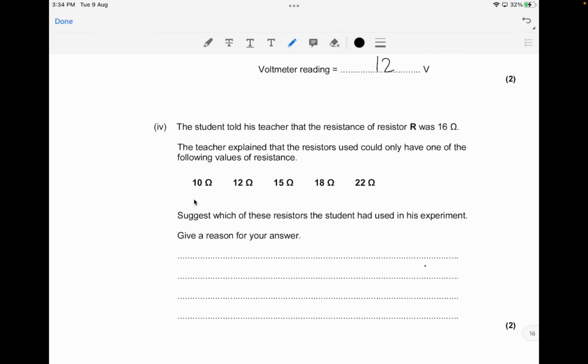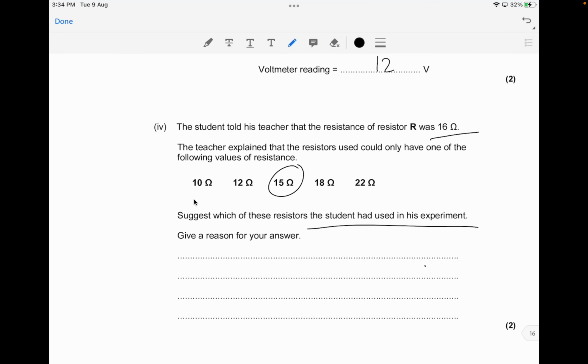Now, the student told his teacher that the resistance of resistor R was about 16 ohms. The teacher explained that the resistors used could only have about one of the following values of resistance. So suggest which of these resistors the student had used in his experiment. The student is going to use about 15 ohms, because it's pretty close to the value of 16 ohms. So we have to give a reason.